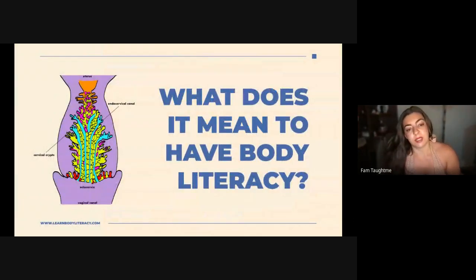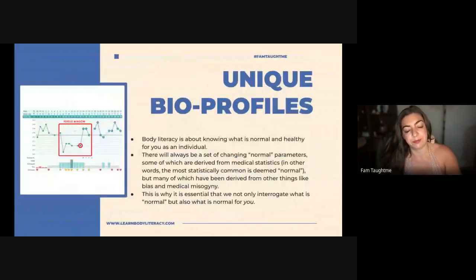Okay, so what does it mean to have body literacy? The first thing to know here is that body literacy is about what's normal and healthy for you as an individual. It's a unique bioprofile. There's always going to be a set of changing parameters of what's deemed normal based on medical statistics.